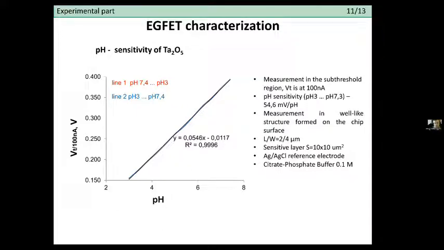And so if you record current voltage curves at each point of the pH value and then compare the voltage shift between them, you can have the pH dependence.